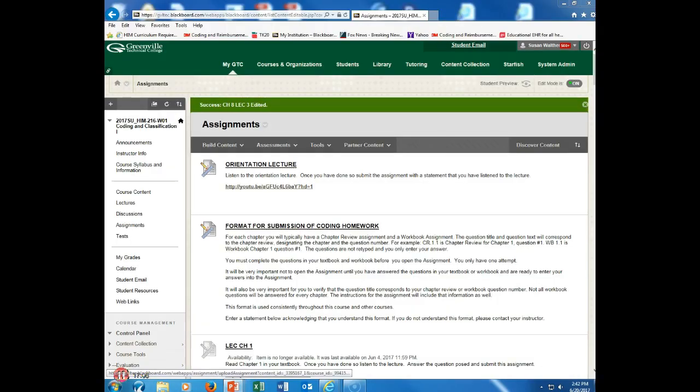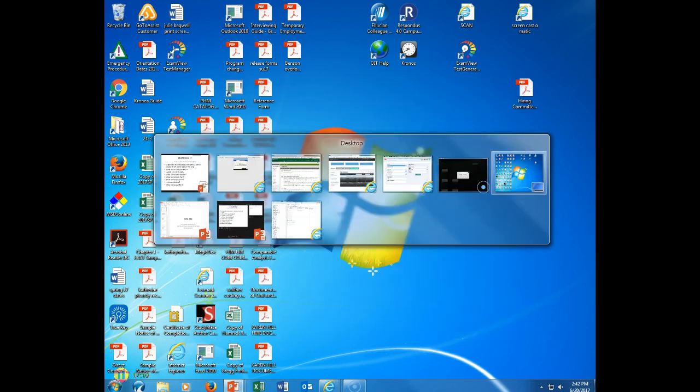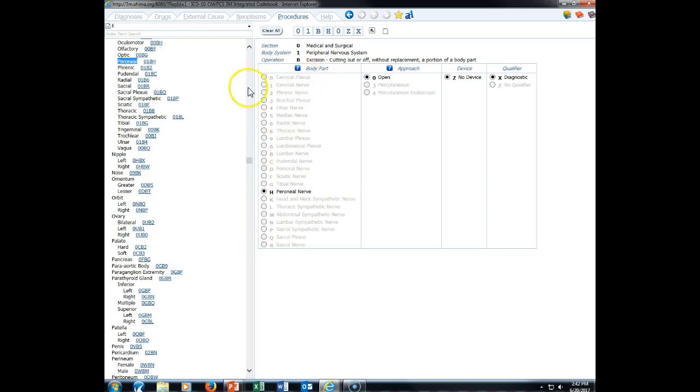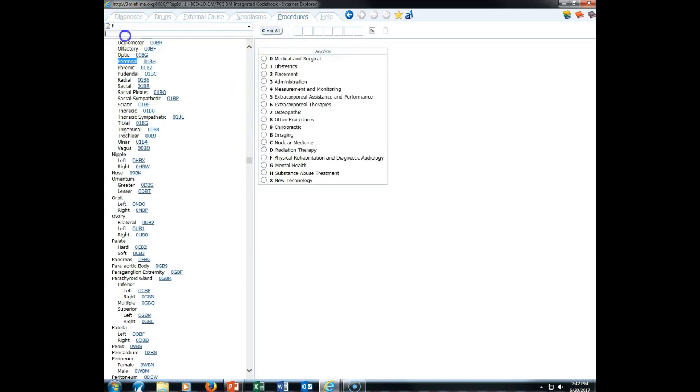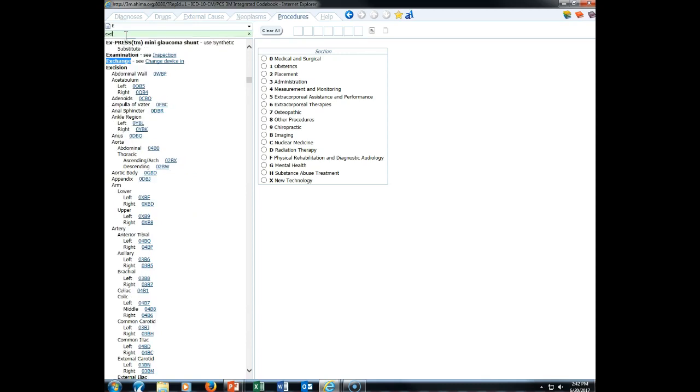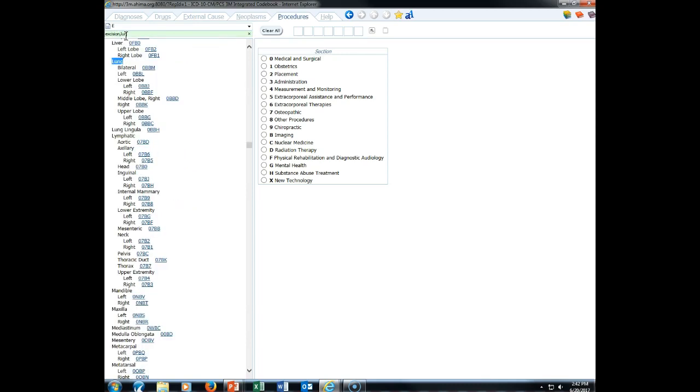So let's see if we can get over there. Okay. So we want to put in excision, lung, and this was the left lower lobe, so lung, lower lobe, left.